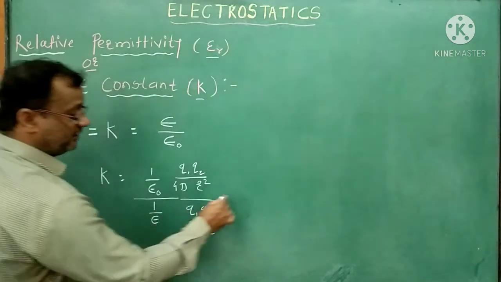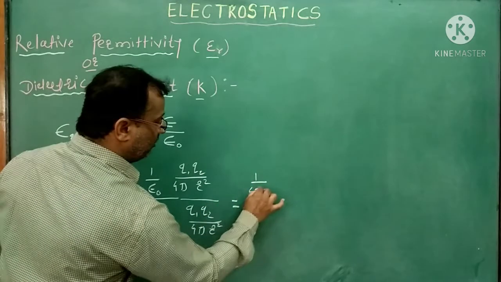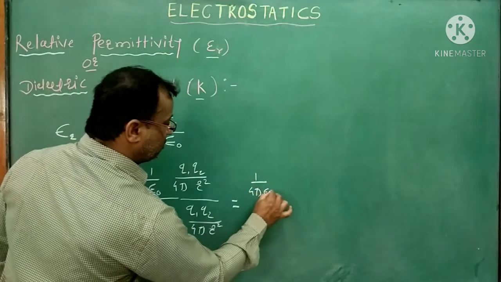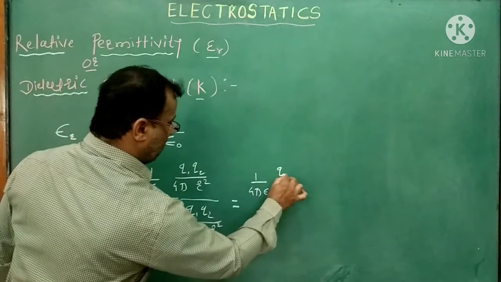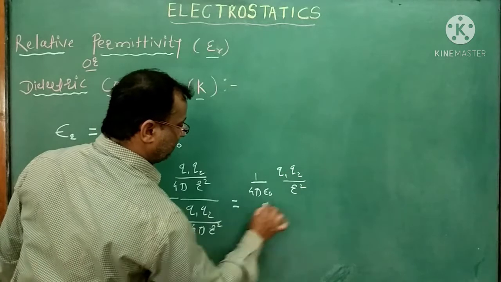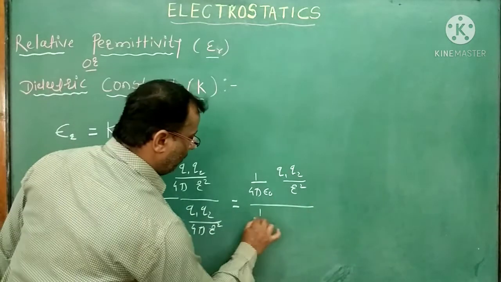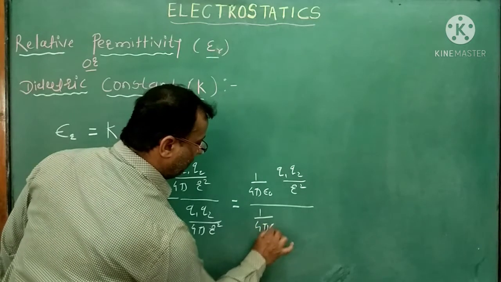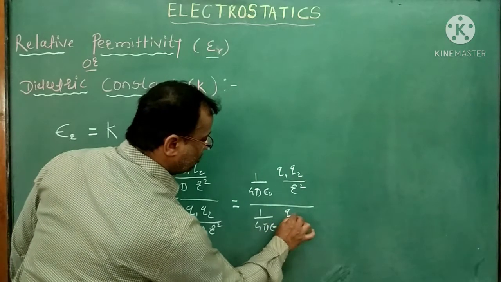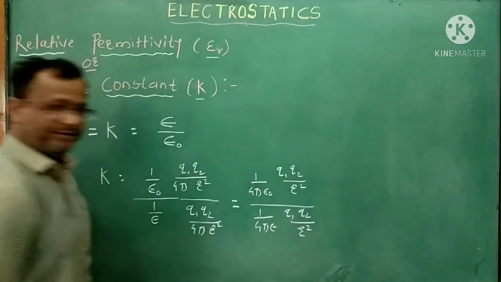It means 1 upon 4 pi epsilon 0 times Q1 Q2 upon r square, divided by 1 upon 4 pi epsilon times Q1 Q2 upon r square.